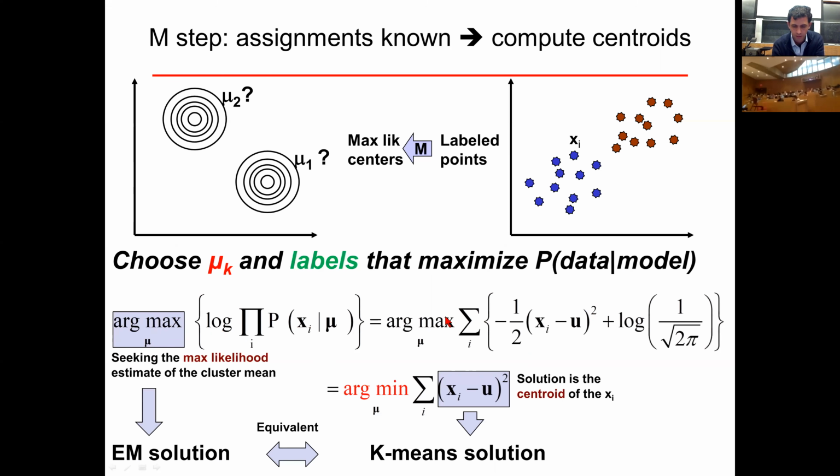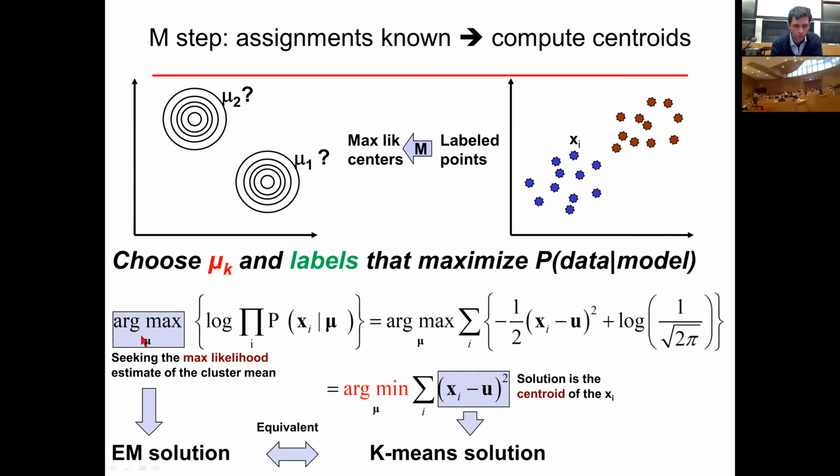And because I'm taking the logs, I can basically now take the sum. And basically the log of the product is the sum of the logs. And then the log of this is, again, taking the exponent and expanding it out. And this term doesn't matter here, but basically argmaxing this effectively means selecting the points that minimize this Euclidean distance, okay? And then the solution to this is effectively the centroid.